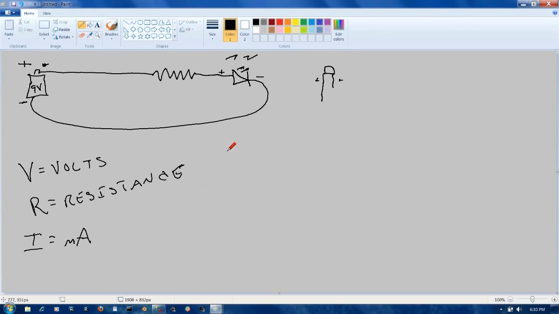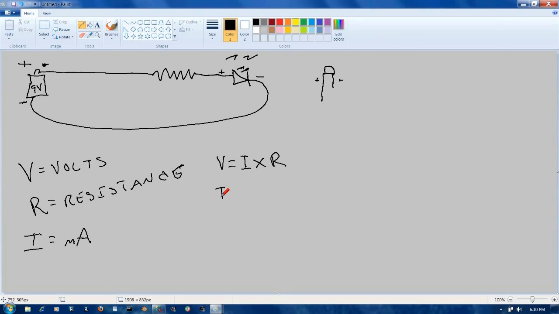So we're going to do 3 plus 1. There's the standard 3, which is volts equals amps times resistance.